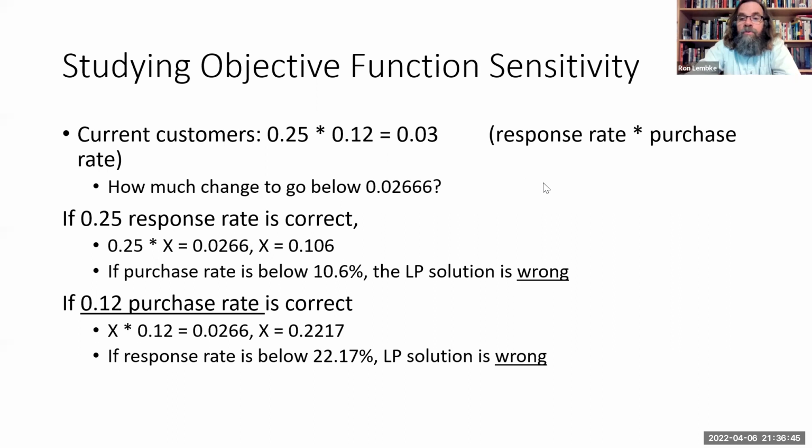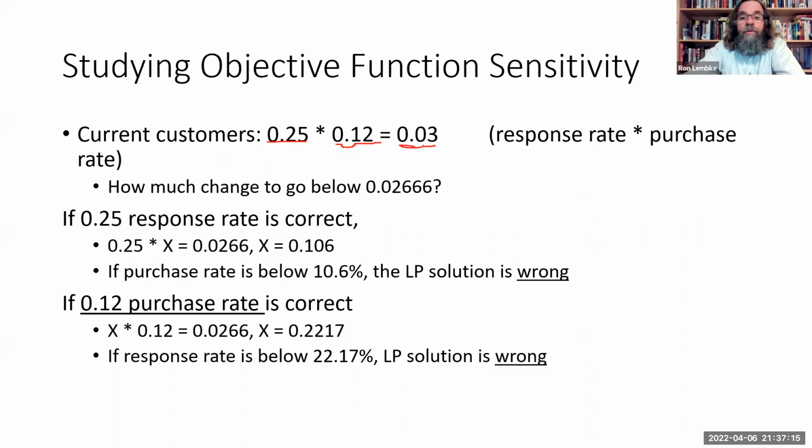Let me get my drawing implement. Right now this is 0.03. So if we assume that the 0.25 is correct, how much would we have to be off on the 0.12 before our answer would change?